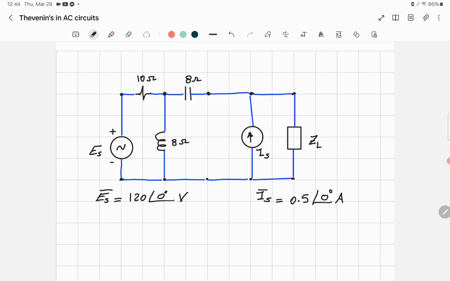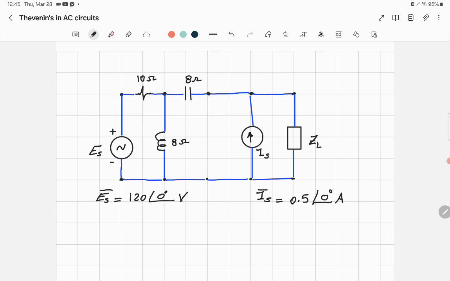By applying Thevenin's theorem, we can replace the original network with Thevenin's equivalent circuit, comprising a single voltage source, E Thevenin, in series with a single impedance, Z Thevenin. This equivalent circuit represents the behavior of the original network.